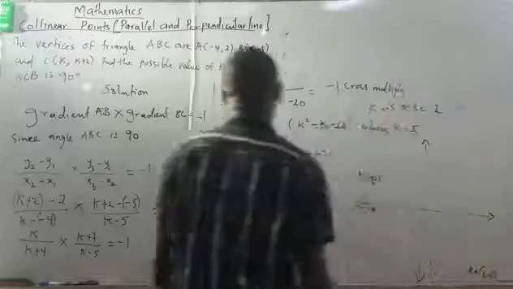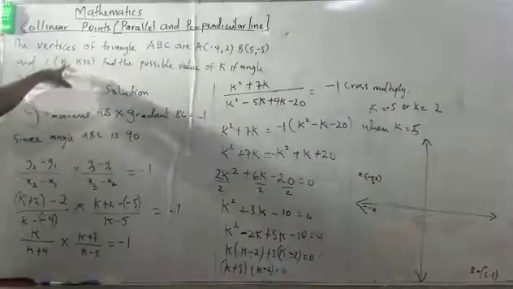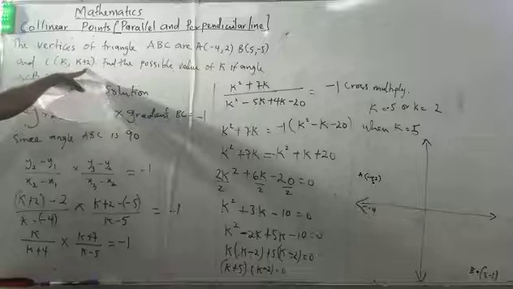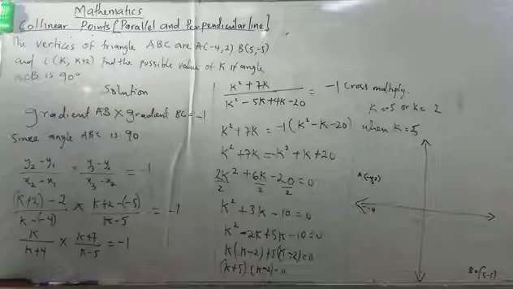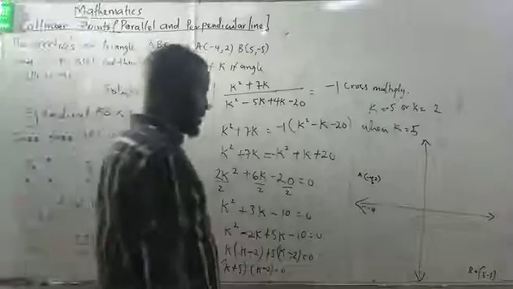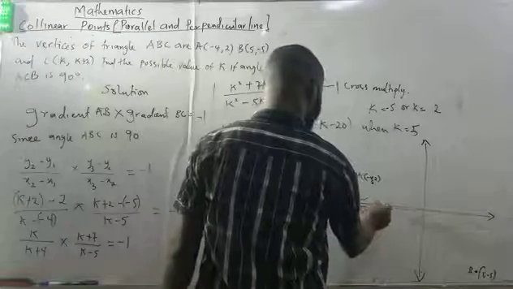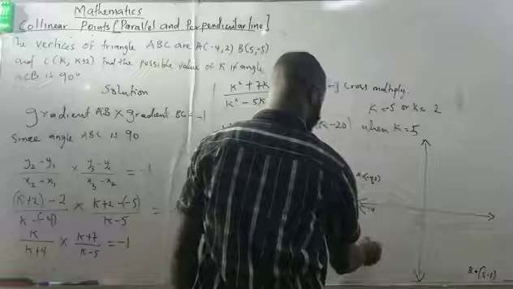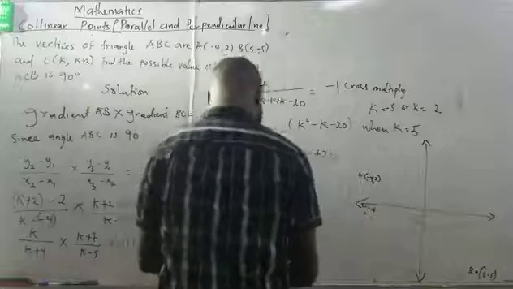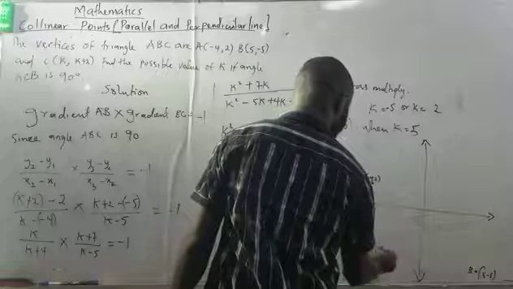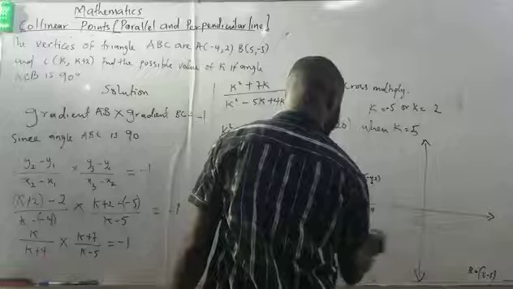And C, what will it be? C will be minus 5, minus 3. Minus 5, minus 3. This is going to be C.